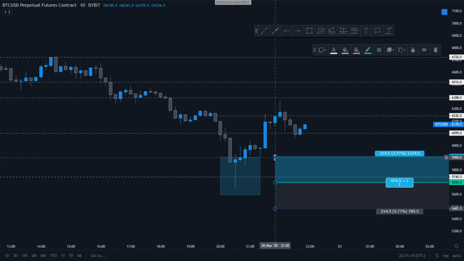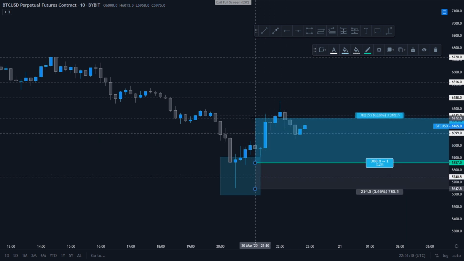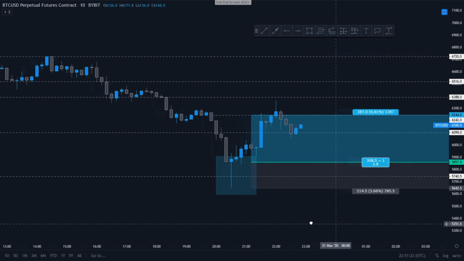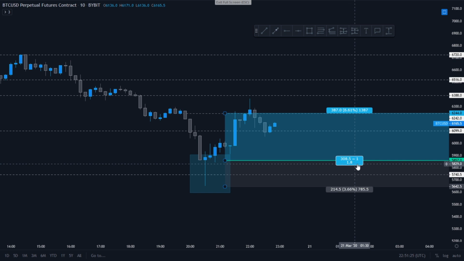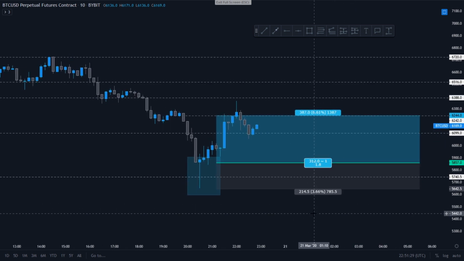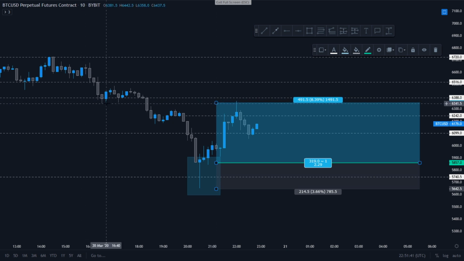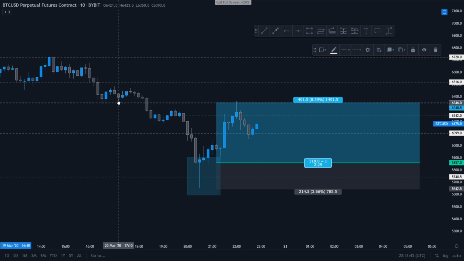Let's say the price is here, you want to enter the trade, you look for the next target, which is this supply, and then you look at the risk to reward. 1.8 is not really a great risk to reward in my opinion, but if you have higher targets in mind like this and you have screen time, you sit in front of it and you can manage your trade, then of course these lows here would have been your target.